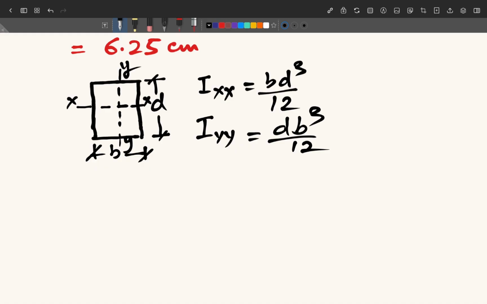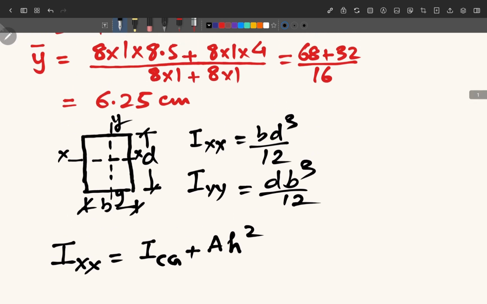So in that case we use the parallel axis theorem, and it says that moment of inertia, in our case Ixx, will be equal to I about its own centroidal axis plus A h square, where A is the area of the section and h is the distance between these two parallel axes.